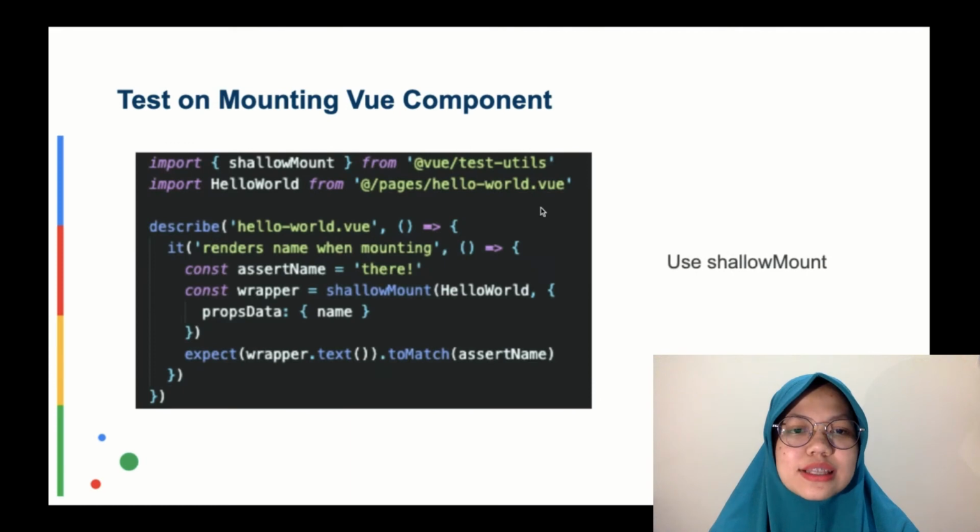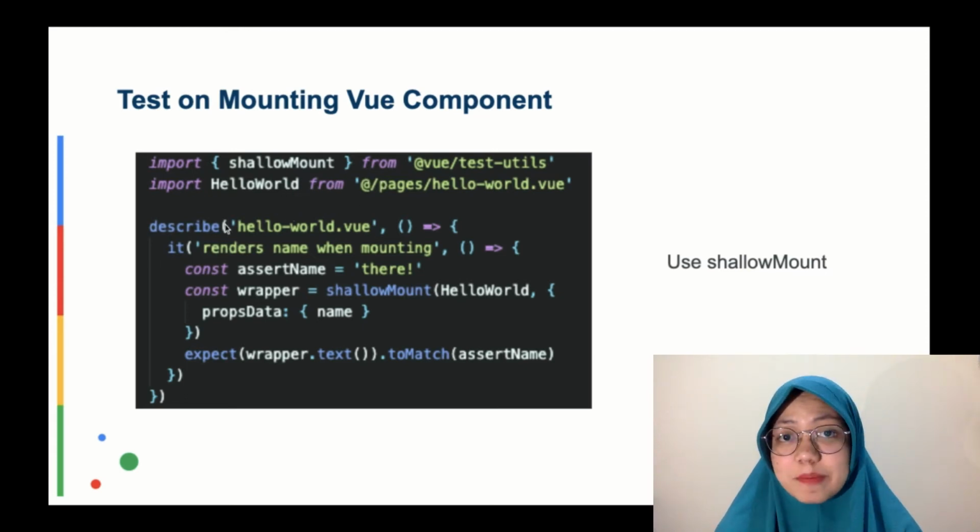I use this code, which is by importing shallow mount from our dependency for the testing, which is Vue test utils. And then I use shallow mount to test my hello world component. So this is how I import the hello world from that part, and then I use describe here, the test that I used during the test execution, and I have it inside.